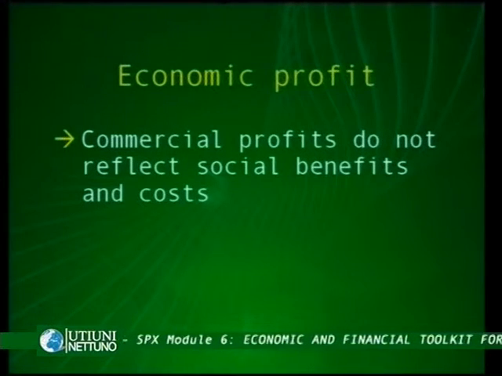So commercial profit typically drives the decision making of investors, but it does not include the social benefits that the project is generating for the society at the national or regional level. It is also not including the cost that the project is generating for the society at the regional and national level. These social benefits and costs will be defined as externalities during this class.